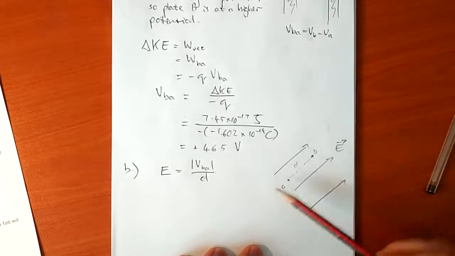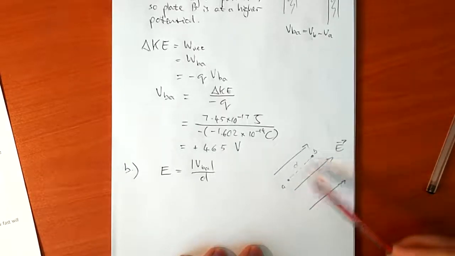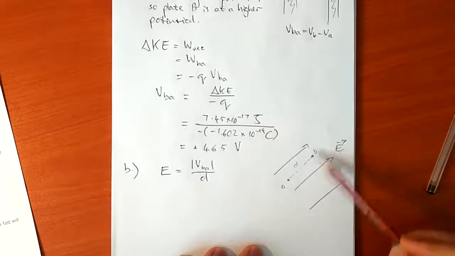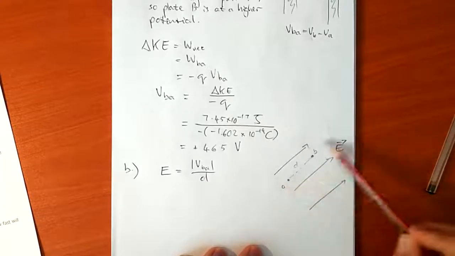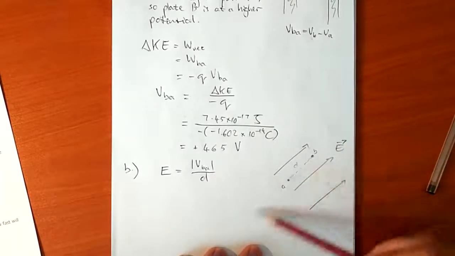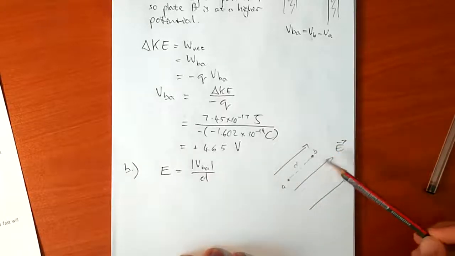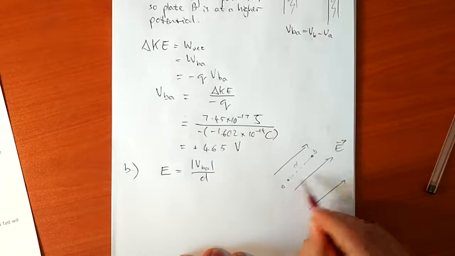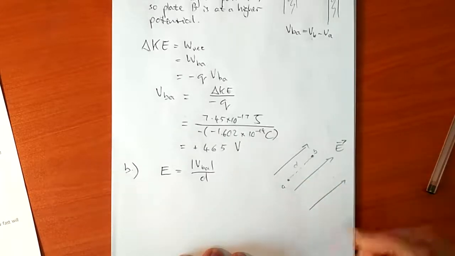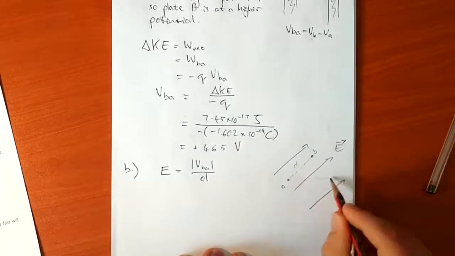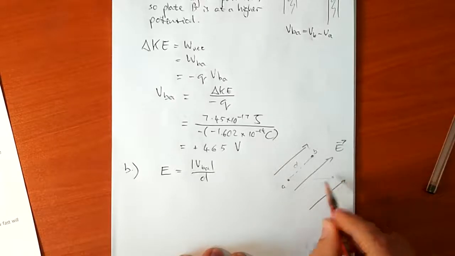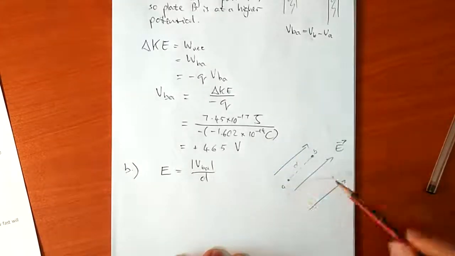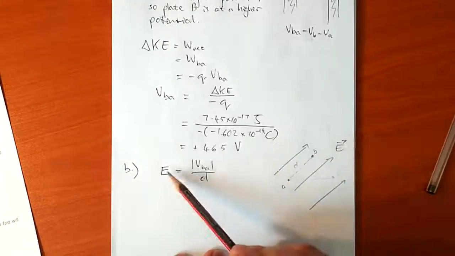It's a subtle thing. It is important that these points A and B are chosen to be in the same line as the electric field, in the same direction or in the opposite direction, in the same line in which the electric field is operating. So don't pick your points A and B, let's say from here to there, because if you pick your point B there instead and use this formula, then you wouldn't have gotten the strength E of the electric field.